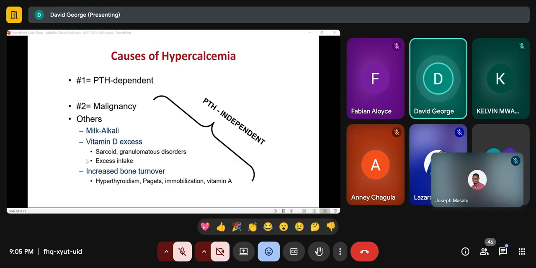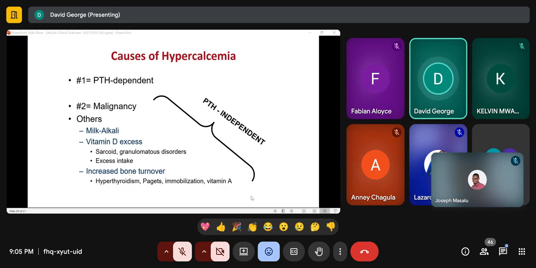And another one is increased bone turnover from a number of things, hyperthyroidism, Paget's disease. I think someone mentioned that differential in the chat. Vitamin A mobilization, and many other things. So I think calcium is an interesting cation, and you need to master it.